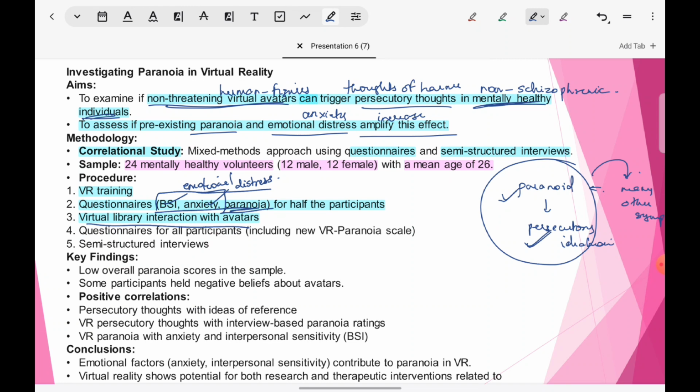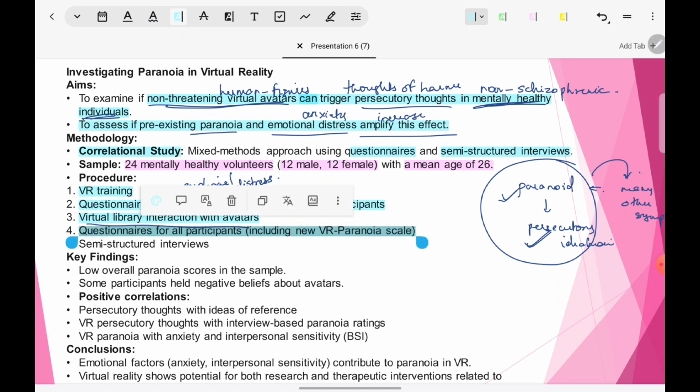They were having neutral expressions, they were non-threatening. Occasionally it would look like they're smiling and their lips would move a little, which would make it look like they were talking. Now participants had been told that they just have to take a walk around the library virtually, and they have to think about what are their impressions of the avatars and what they feel the avatars are thinking about them. So that was the participants' task.